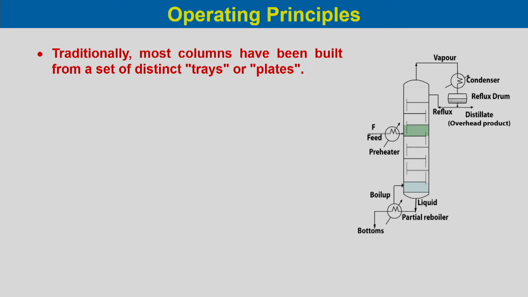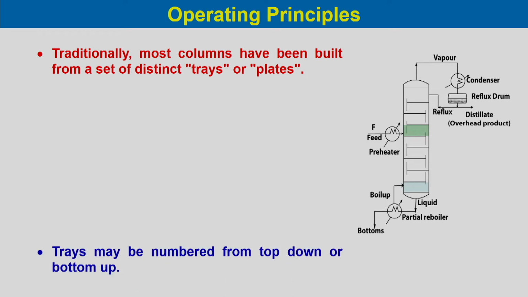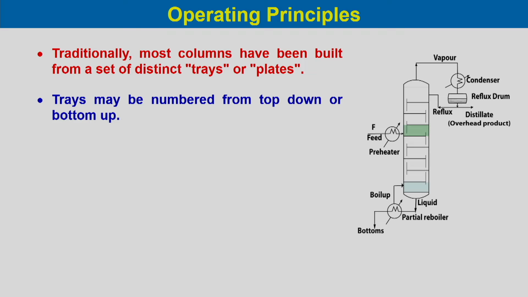Traditionally, most columns have been built from a set of distinct trays or plates. Trays may be numbered from the top down or the bottom up. From the top you can write the stage numbers 1, 2, 3, 4, 5 and so on, or you can also number from the bottom, the other way around.